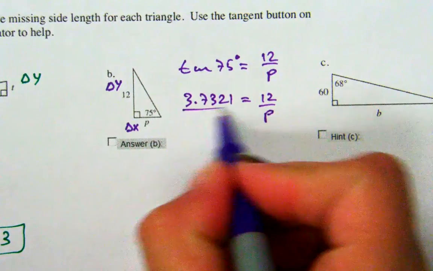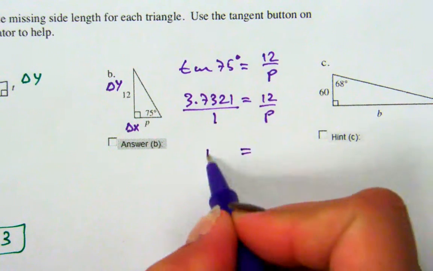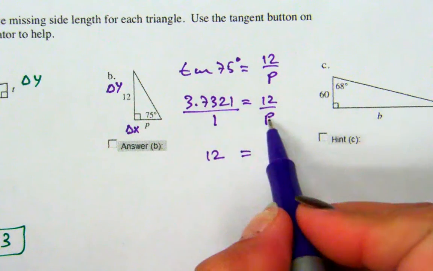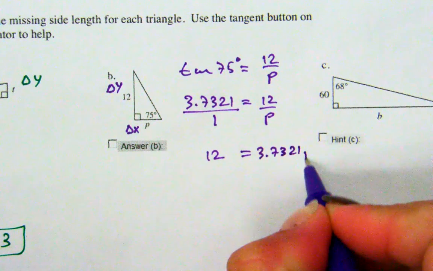All right, so we're going to put a 1 under here. 12 times 1 is just 12. So this times p is just 3.7321p.